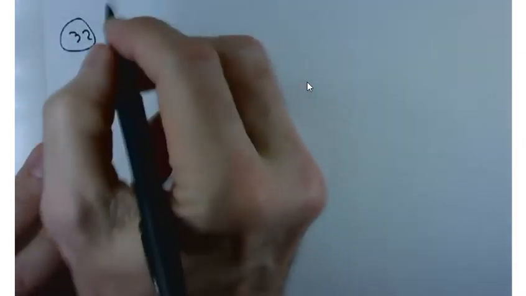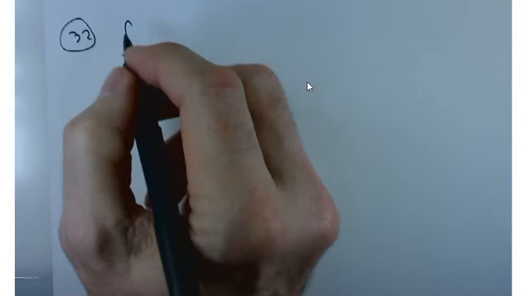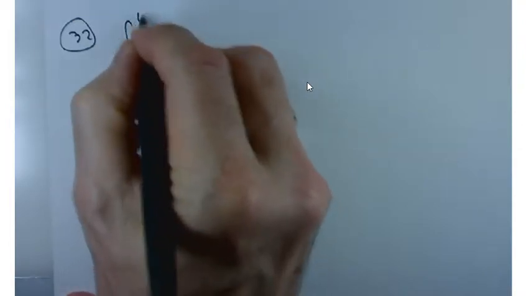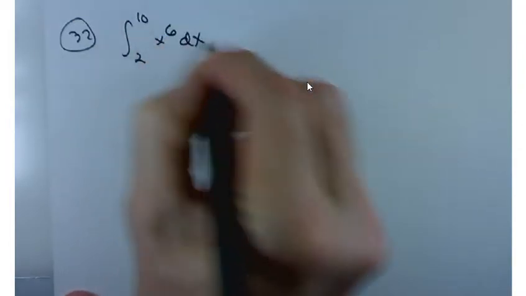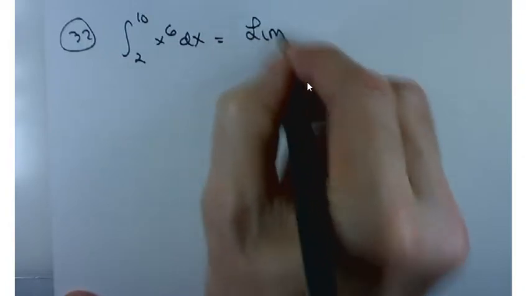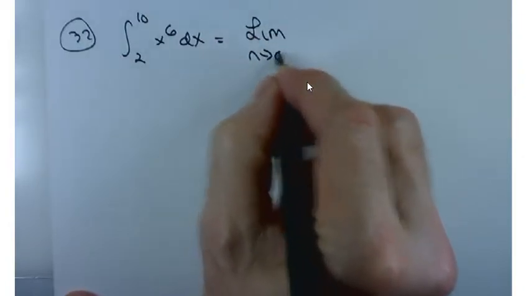Let's do one in the opposite direction. Problem 32 is the one in the opposite direction. This time we've got the integral from 2 to 10 of x to the 6th dx. And I want to write this as the limit as n approaches infinity of something.